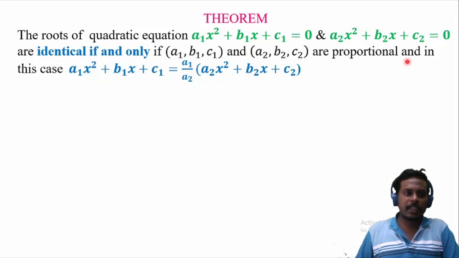And in this case, a1 into x square plus b1 into x plus c1 is equal to a1 by a2 into (a2 x square plus b2 x plus c2).